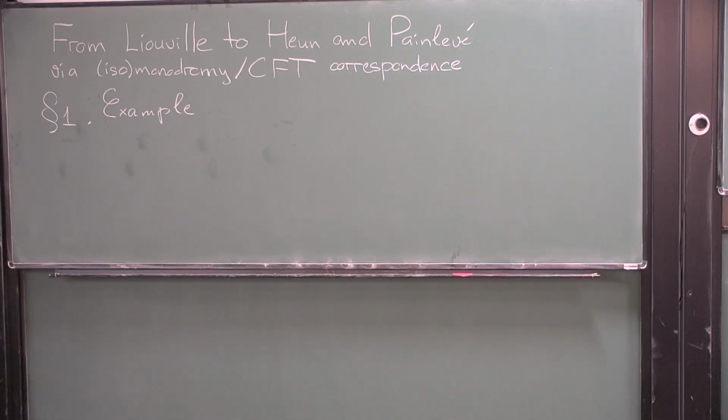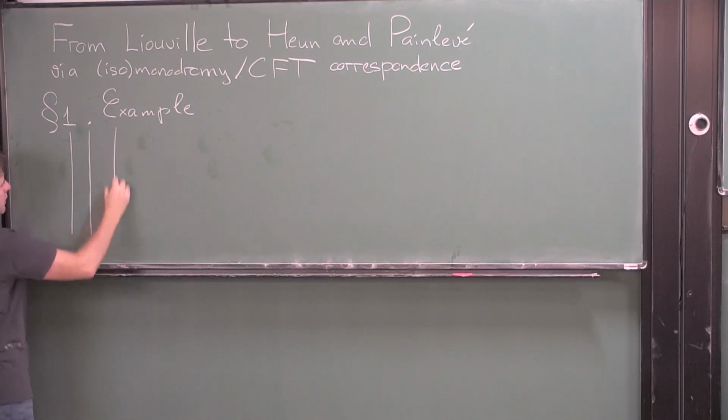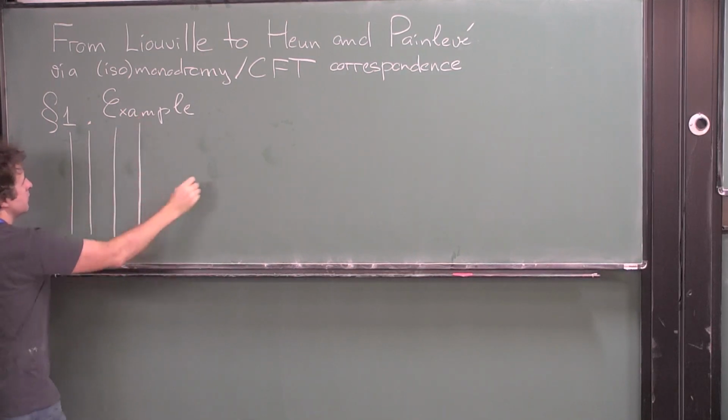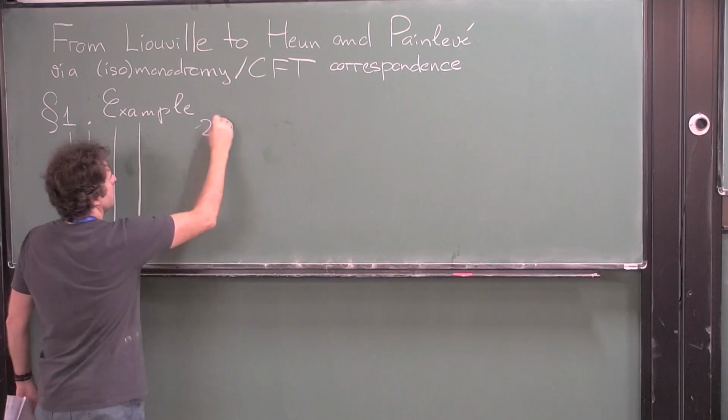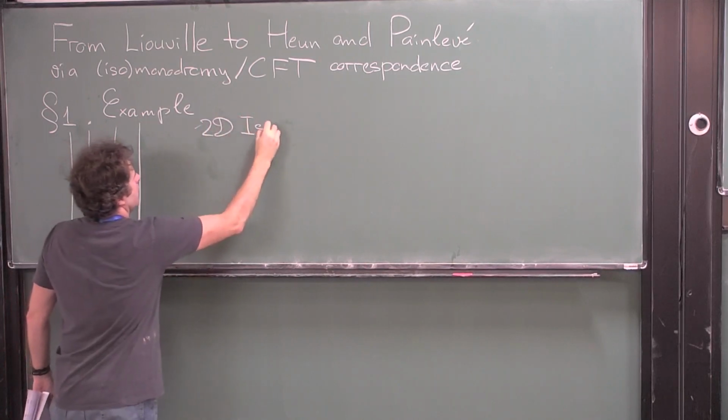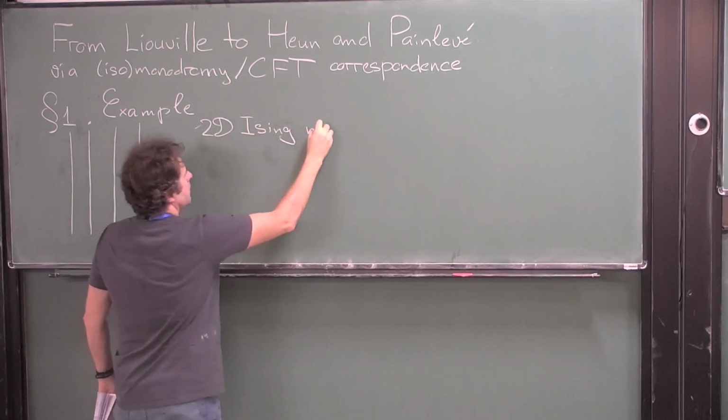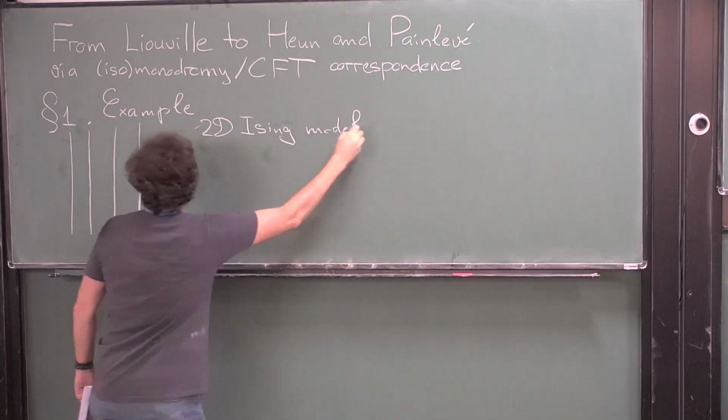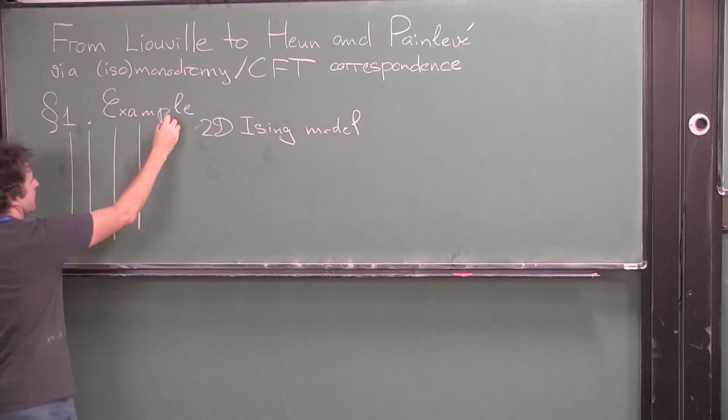So the example comes from two-dimensional statistical mechanics. We consider the two-dimensional Ising model on the infinite square lattice.